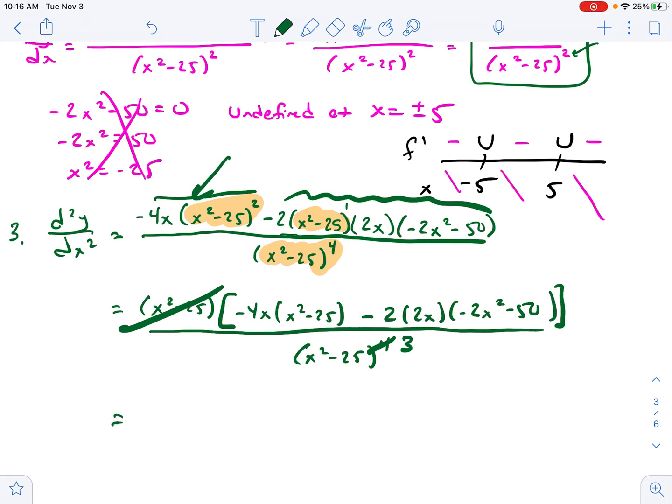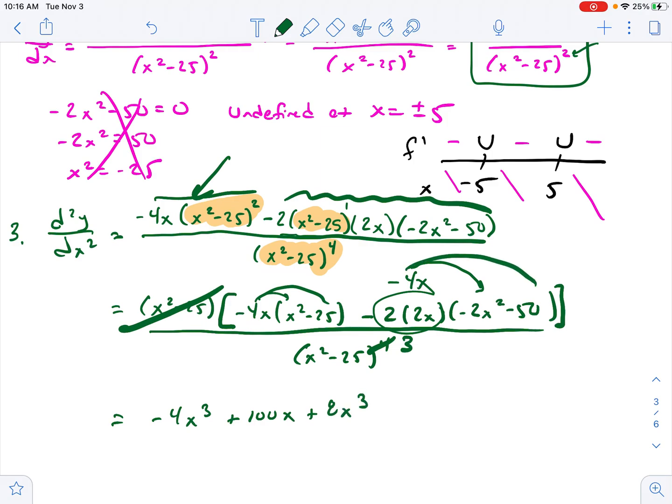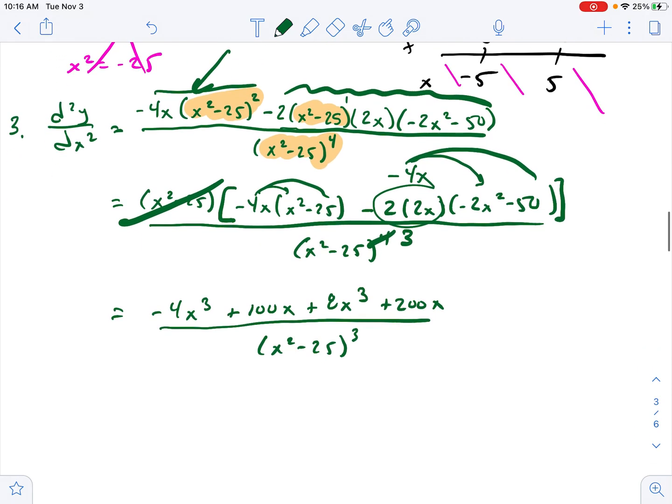All right, and now let's see, I'm going to clean this up a little more. This becomes what? -4x cubed plus 100x. I'm going to make that a -4x out front. And when I distribute, I'm going to get a positive 8x cubed plus 200x all over the denominator cubed now.